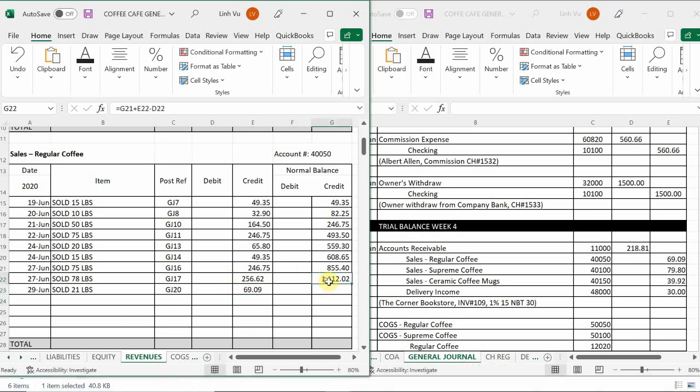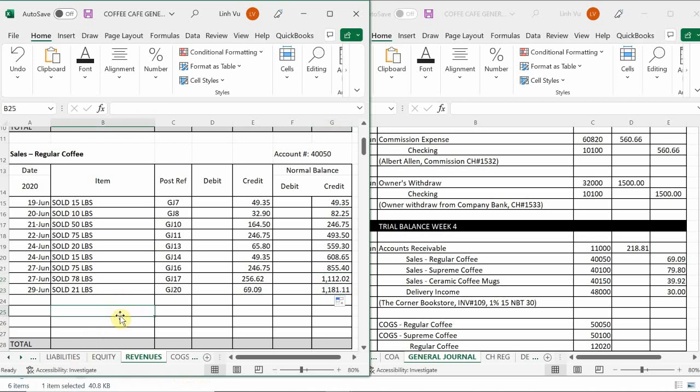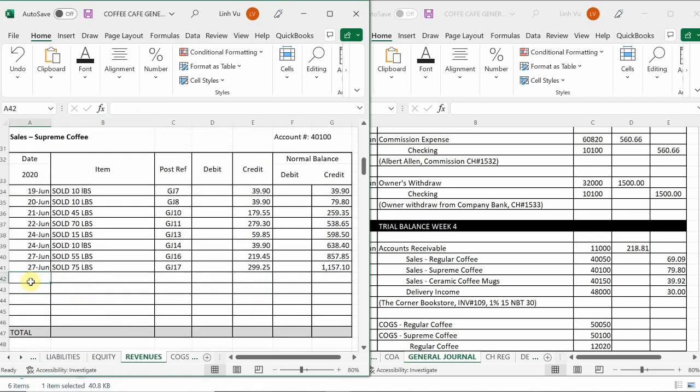And that's going to give me a total sales of $1,111.11. Then we sold 20 pounds of the Supreme coffee. Journal 20 for a total of $79.80, and that's going to give me a total account balance of $1236.90.